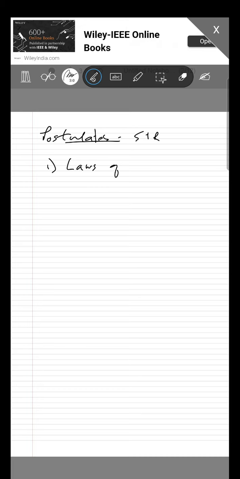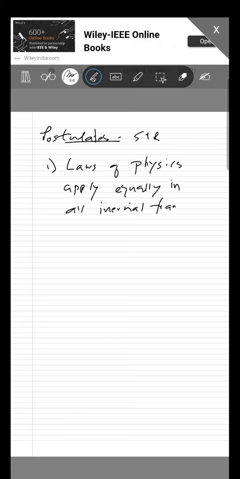So laws of physics apply equally in all inertial frames of reference. Inertial frame of reference is the one which is either fixed or is moving with a constant velocity. So this is the first postulate.